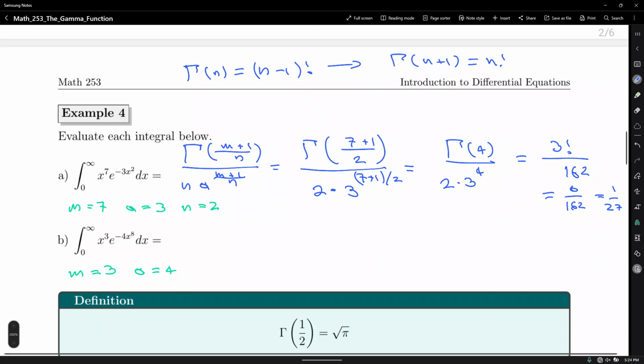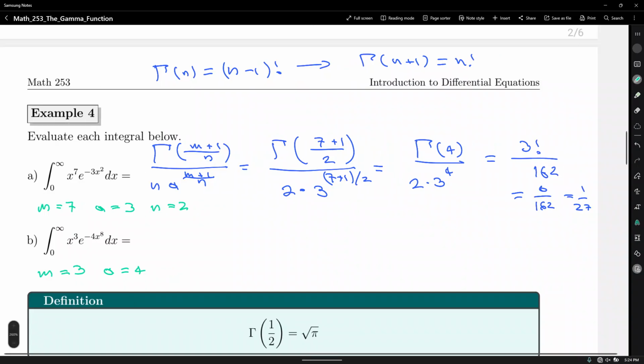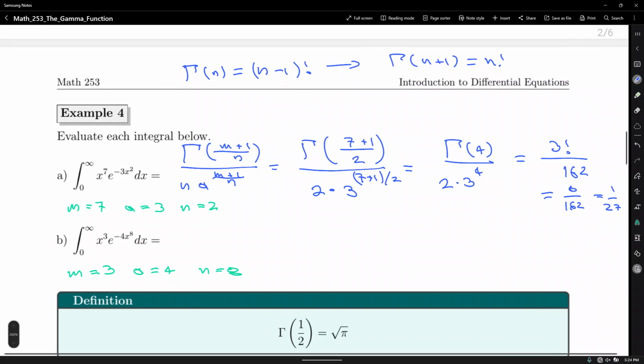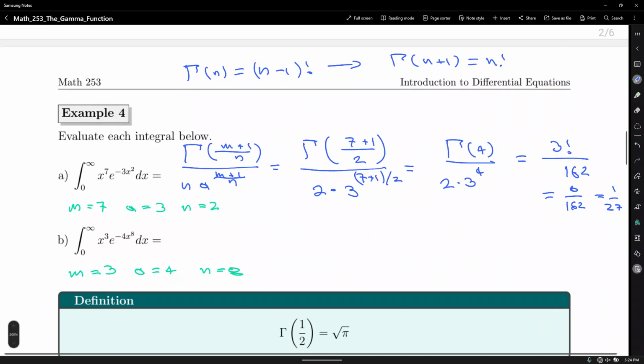Okay, so for the next example, let's do the same. We also need n equals 8, which is the power of x in the exponent of the exponential. All right, guys, so substituting the formula, compute, simplify.